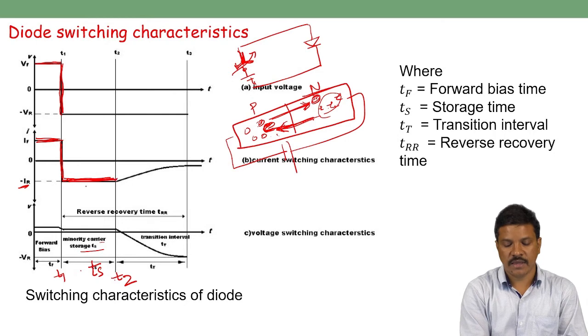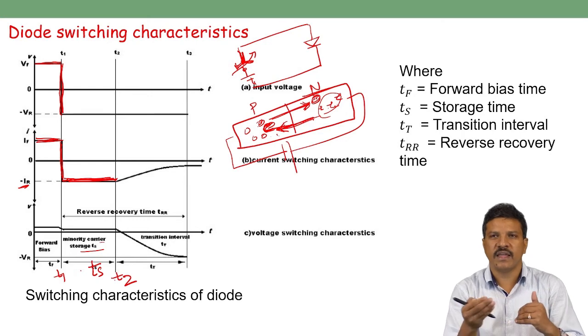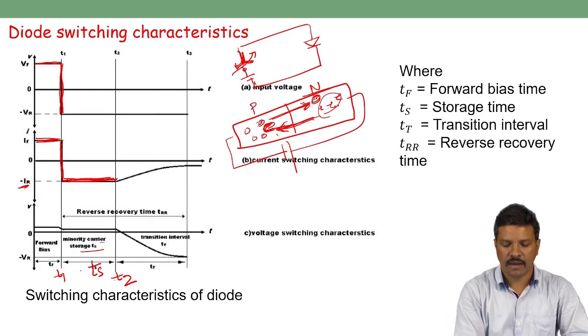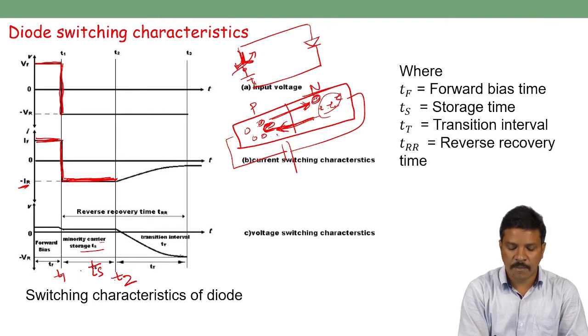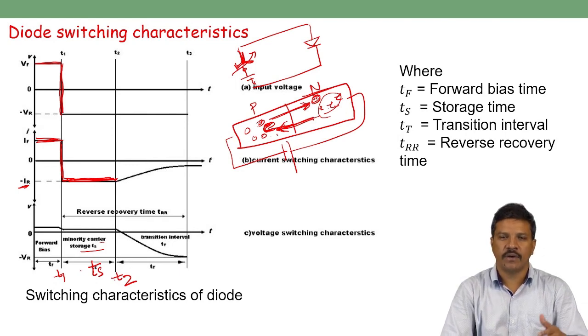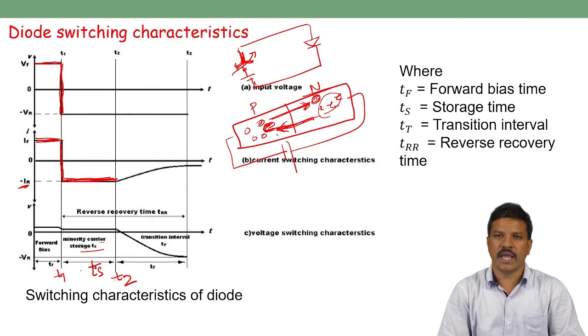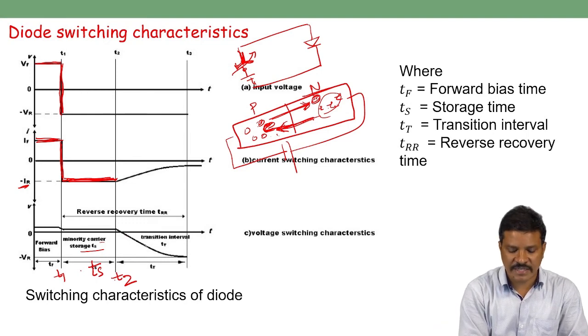Once they reach their original position, they reduce their speed and go from transient mode to steady state mode. The time taken to settle down the minority carriers into their parent region, where they are treated as majority charge carriers, holes in the p type and electrons in the n side, is called the transition interval.